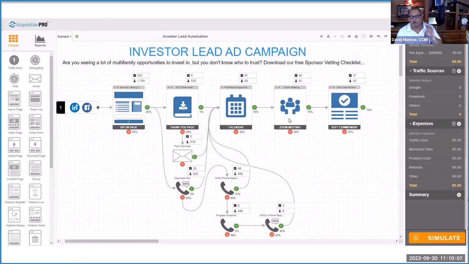a thing called the Fast 5 framework, or workflow, that is in everybody's Acquisition Pro account.